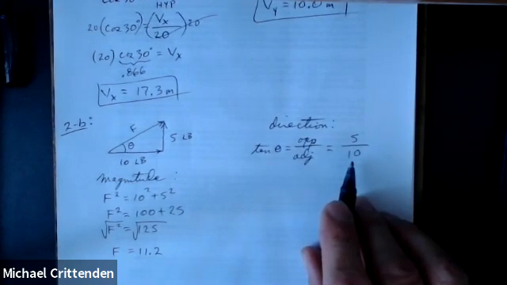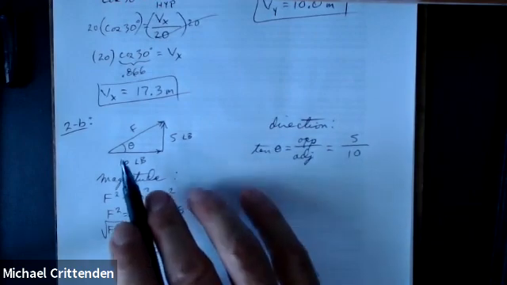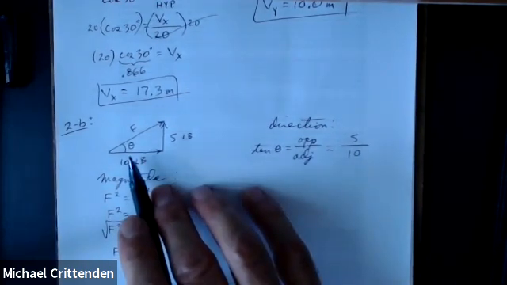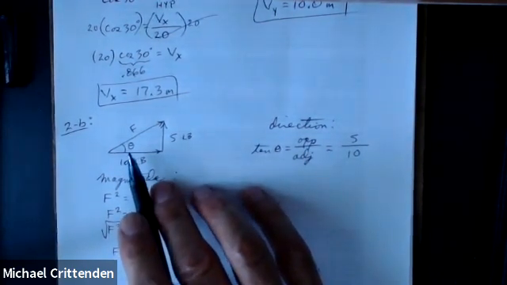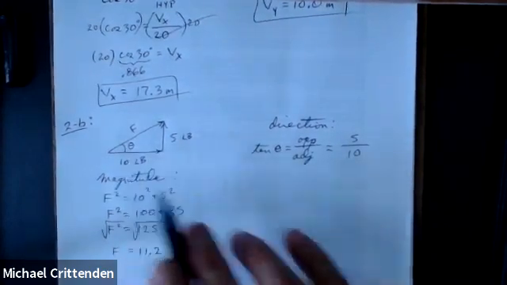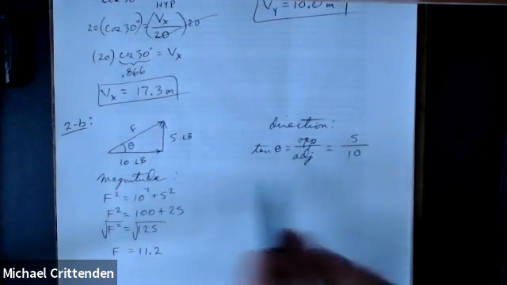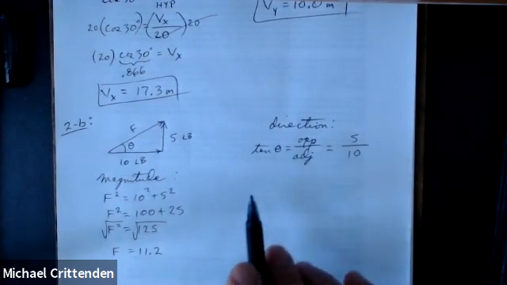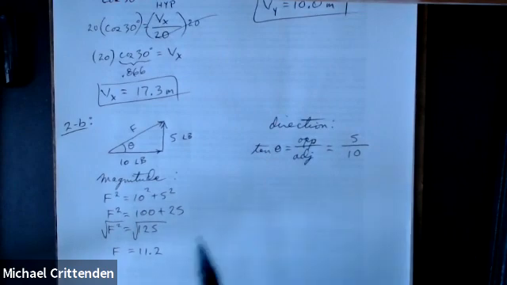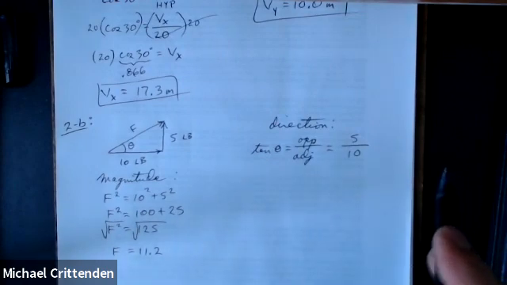But the trouble is we don't want to know the tangent of the angle. We want to know the angle itself. How many degrees is that thing? Well, we need to manipulate this so that it says theta equals something rather than tangent of theta equals something.